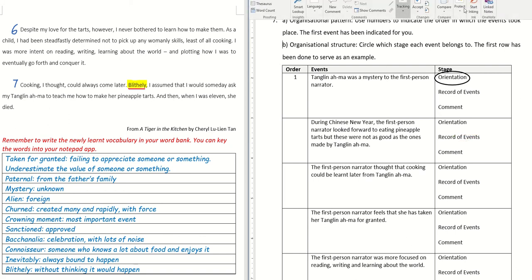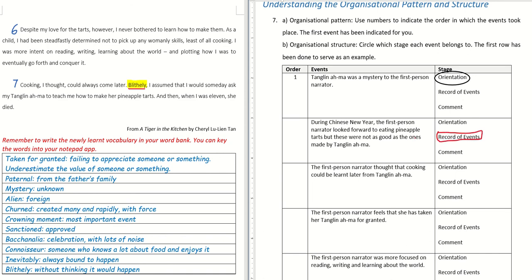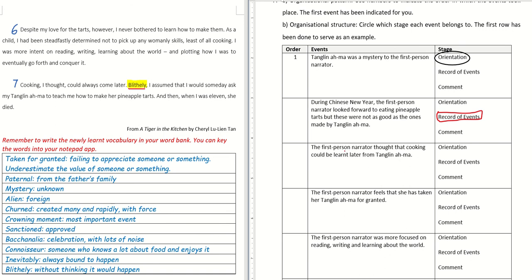Let me draw that again. The first person narrator thought that cooking could be learned later from Tanglin Amma. That is a record of events as well. We know that this one is the last one.